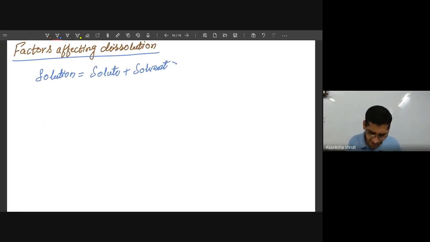We have learned that in a solution there could be different amounts of solute in a given amount of solvent. But there is a situation when you increase the addition of solute in a given solvent, it will not dissolve further.